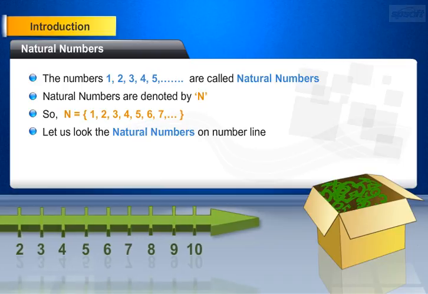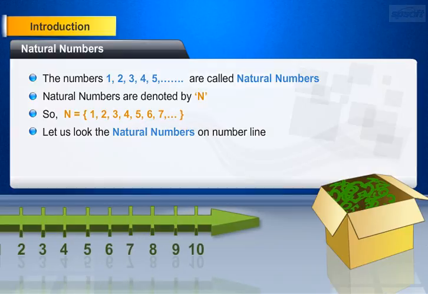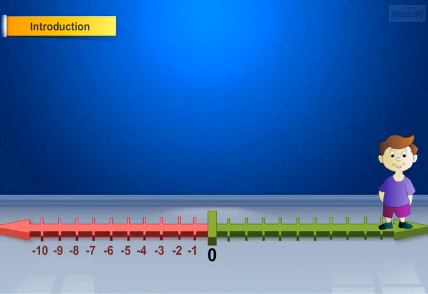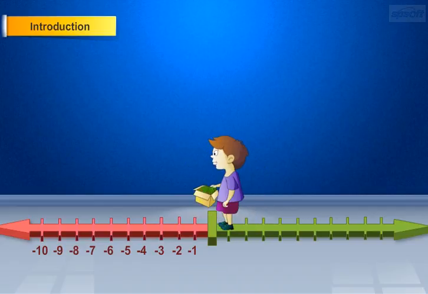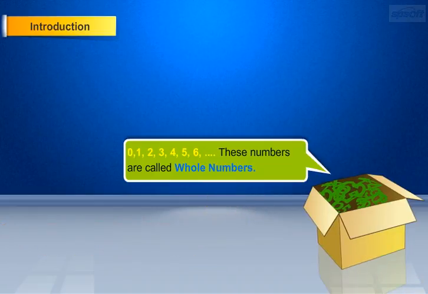Let us look at the natural numbers on number line. Now you turn and move all the way back, collect 0 and keep it with natural numbers. Now you have the collection of numbers like 0, 1, 2, 3, 4, 5, 6 and so on.